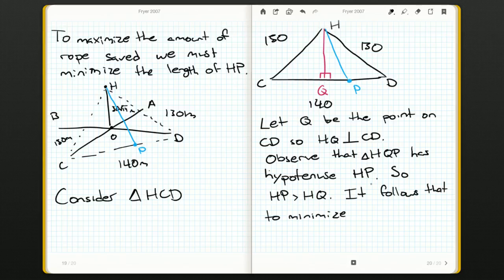So if we wanted to minimize HP, well, if P is a place other than Q, this triangle shows us HP is going to be longer than HQ, and Q is definitely on CD. So there's at least a point that P could be that gives us a smaller length. So we have to have P and Q be at the exact same place.